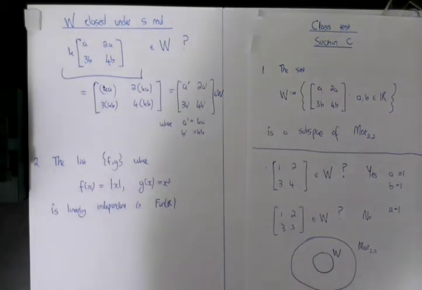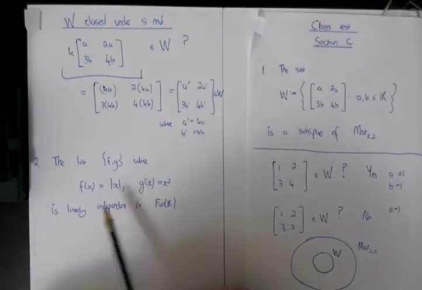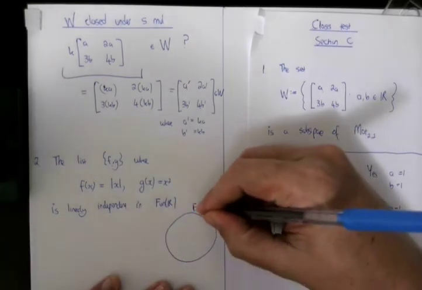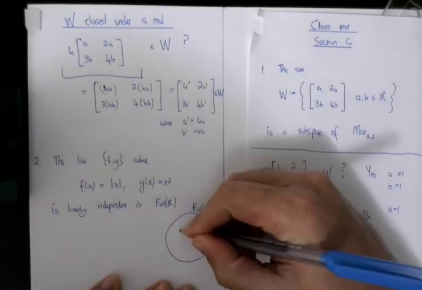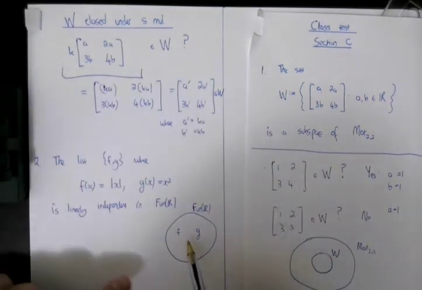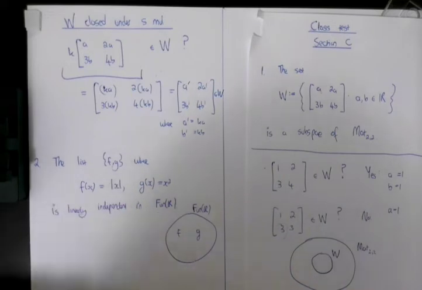Okay, let's check this out. Here's our vector space of all functions. Here's one of the functions, f. Here's another function, g. And is the set containing f and g a linearly independent set?